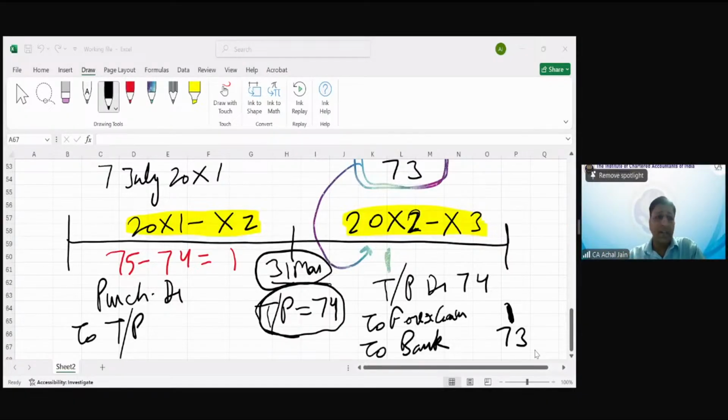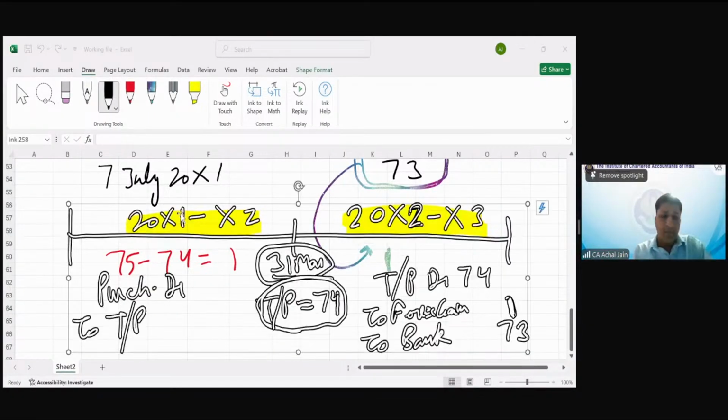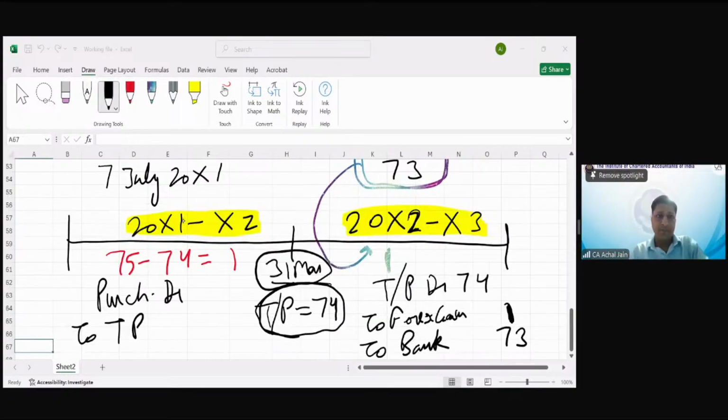Ron is saying, sir, the years you have picked up are different. Okay, so I think I can change it. So this will be x0, x1, and you can make it x1, x2.